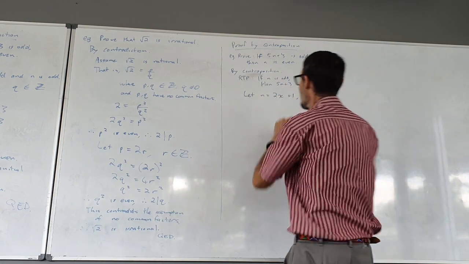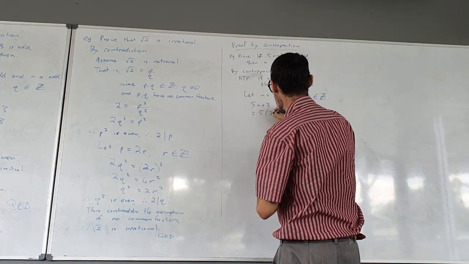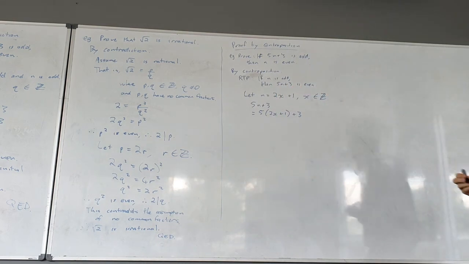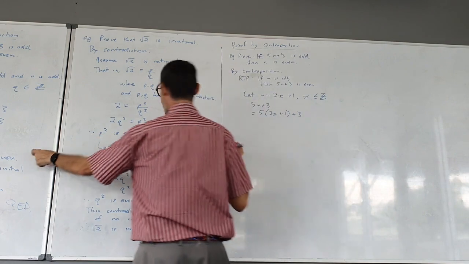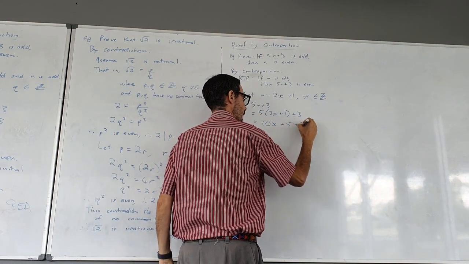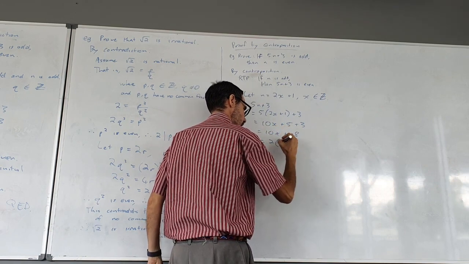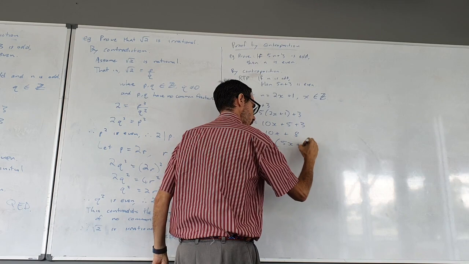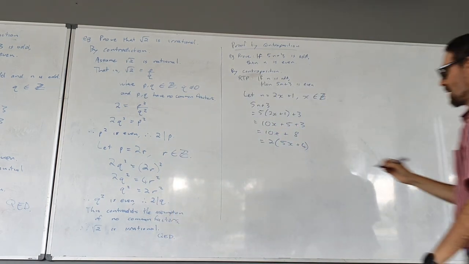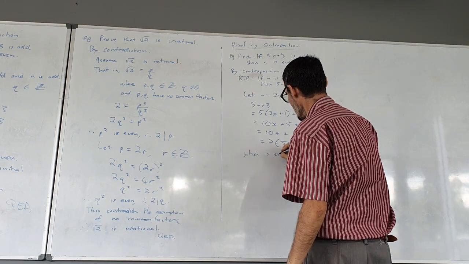Then 5n plus 3 is 5 lots of 2x plus 1, plus 3. We already did some of this working out. Over here, we already showed it was even, so it's going to look the same. Which is even.